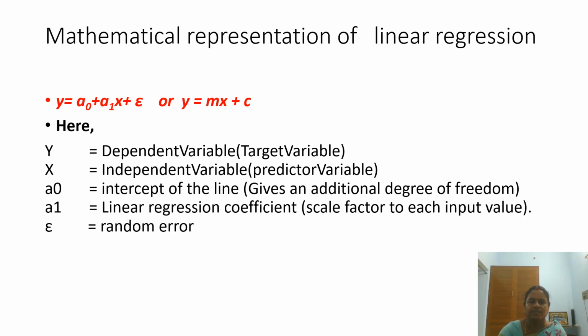Alternatively, it can also be represented as y equal to a0 plus a1 of x plus epsilon, where y is the dependent variable, otherwise called the target variable, and x is the independent variable, otherwise called the predictor variable. a0 is the intercept of the line, which gives an additional degree of freedom, a1 is the linear regression coefficient, which is the scaling factor applied to each input value, and epsilon is the random error.